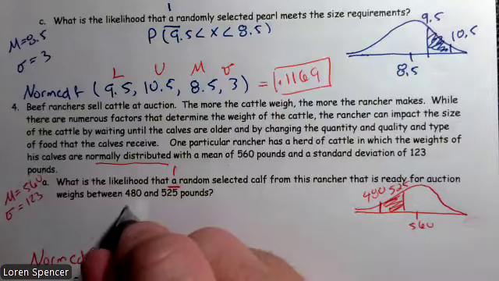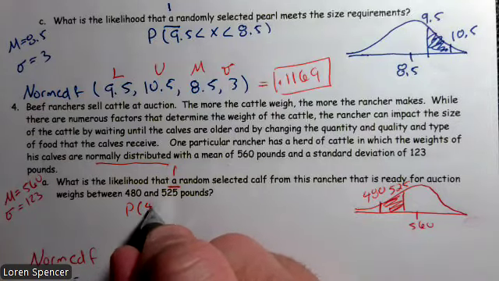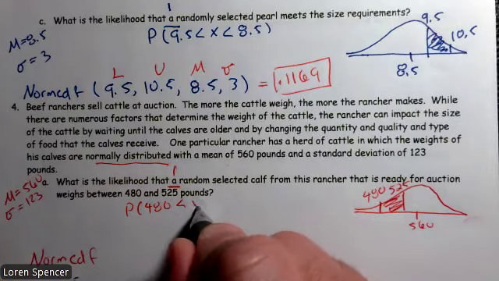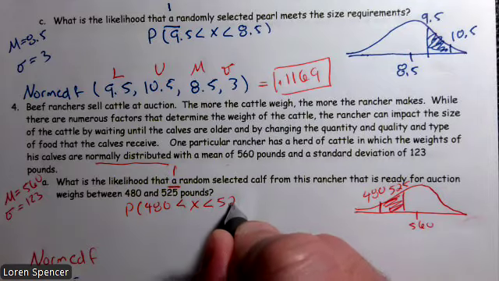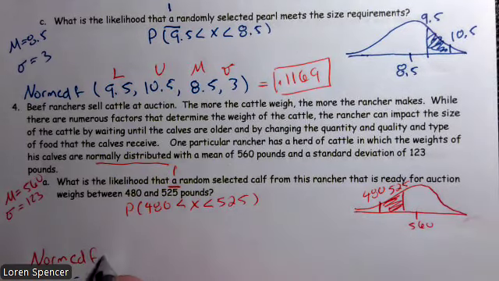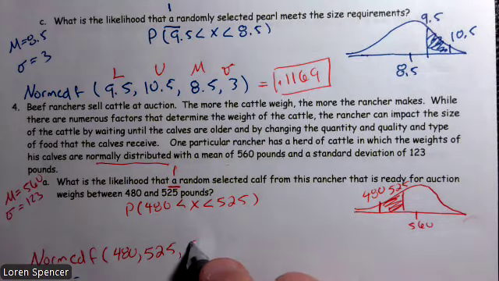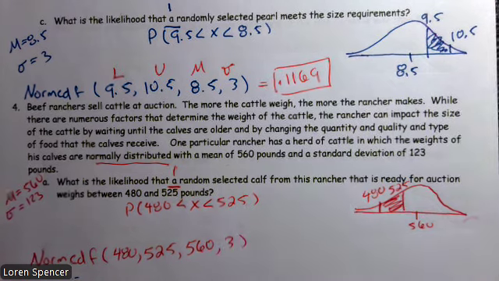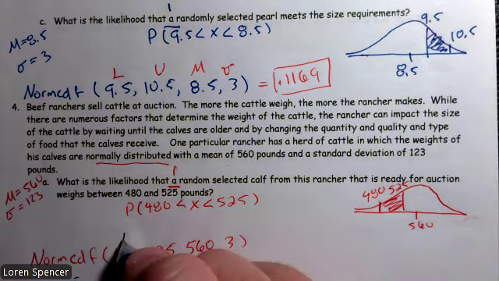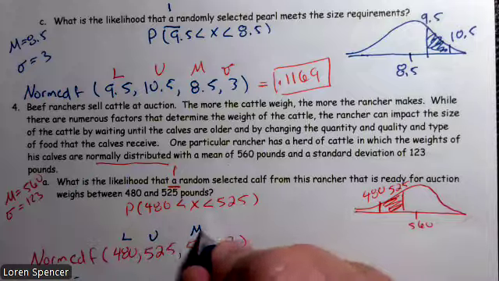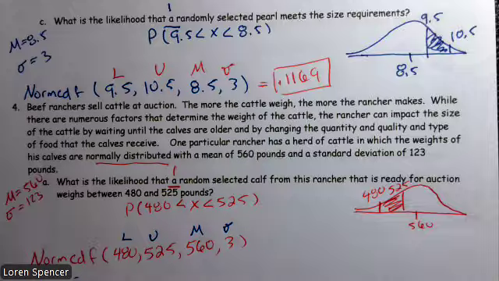And I want the probability that 480 is less than X is less than 525. So lower bound 480, upper bound 525, mean 560, standard deviation is 3. Lower, upper, mean, standard deviation.